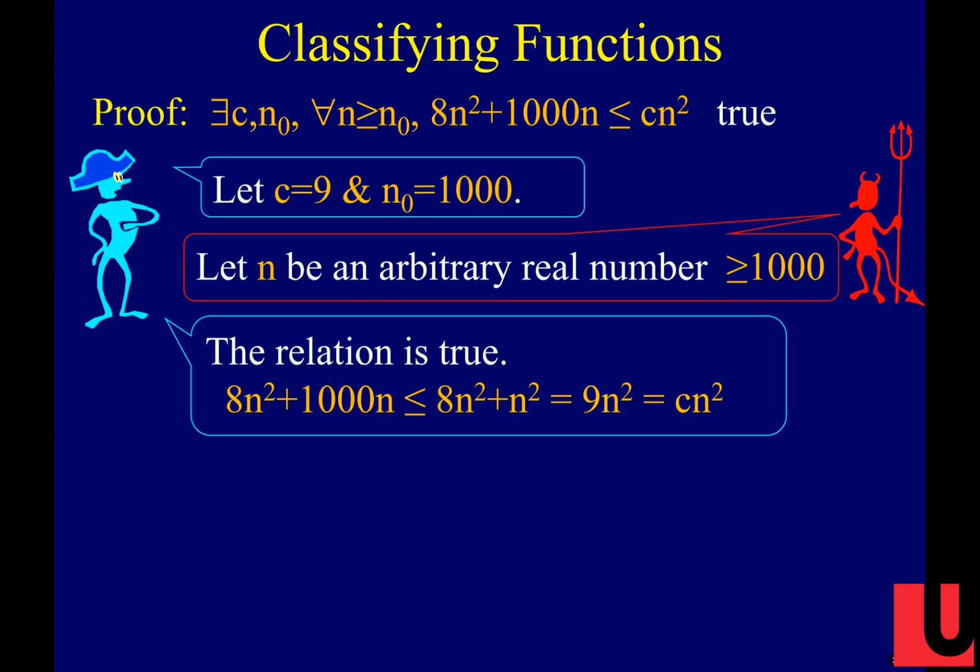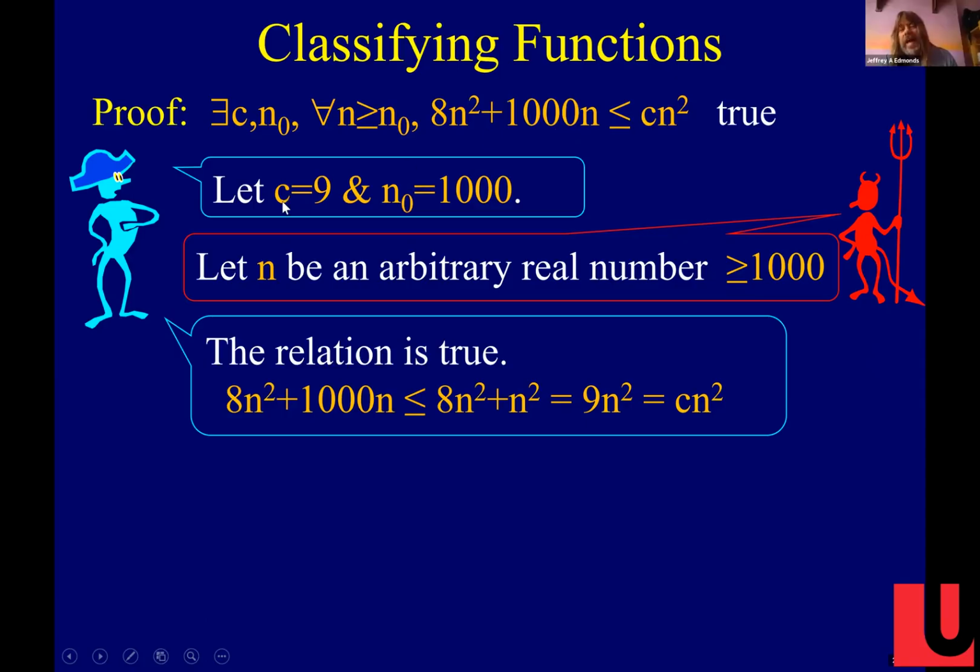Is there a process you go through to choose your n naught for general functions to decide big O? You know, everything is undecidable here. So is there a process? I don't know. I try to give you processes. In this case, we need a C that dominates the 8. Here's an n squared, so C definitely has to be bigger than 8. Now I have to eat up this stuff, and I have a choice.